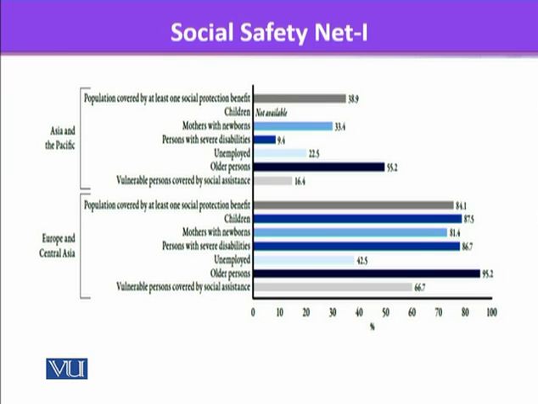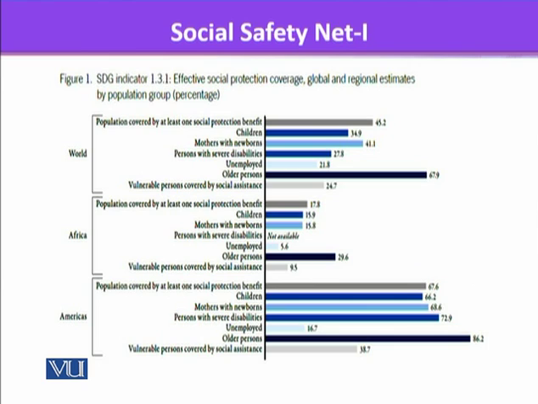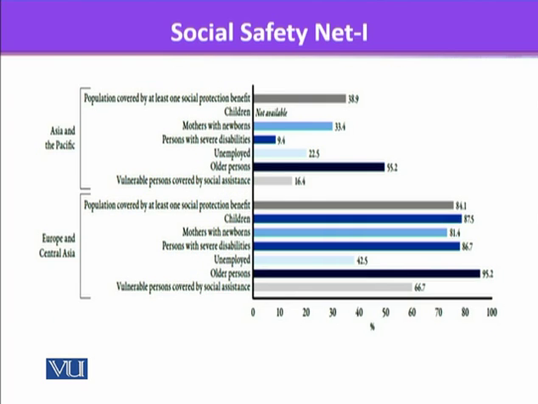But Europe and Central Asia, almost everyone, 95% have these benefits. So similarly, if you look at these different areas, you can compare which region is doing better and which region is not doing well. Africa and South Asia, or Asia and Pacific, are 2 areas which have not done well as far as social protection in different areas is concerned.